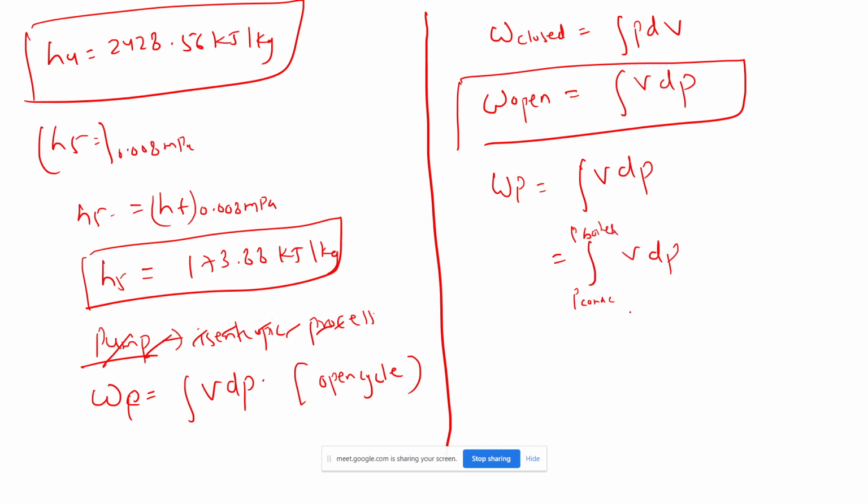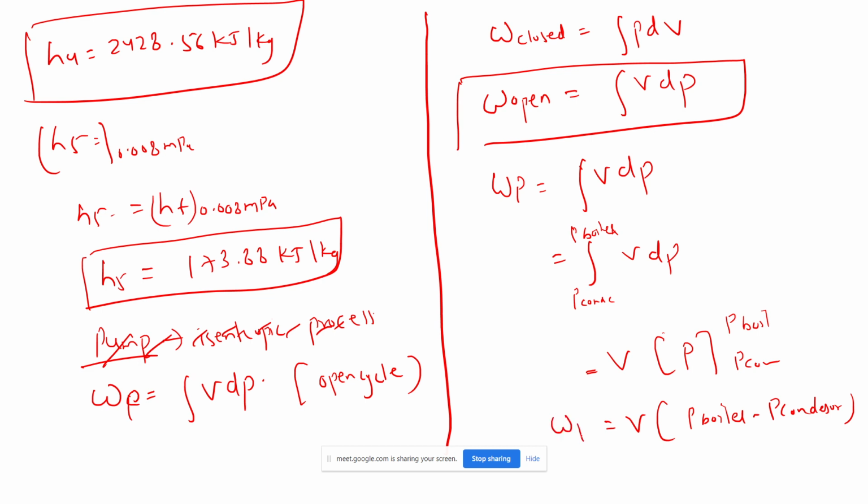V is common, so after integration we get V into P boiler minus P condenser. This will be the pump work. We write Vf because at the entry of the pump, it is in the form of saturated liquid. So what will be the pump work?